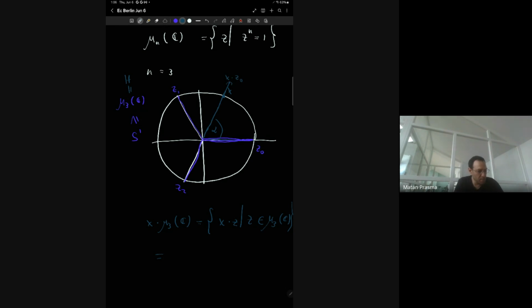Then I shift Z1 by alpha, so I get this vector. This is X Z1. And then I shift Z2 by alpha, I get this vector, X Z2. So you see the coset of the subgroup M3C with respect to some general element X is just rotating, it's just shifting. So these cosets are just shifts of the group.